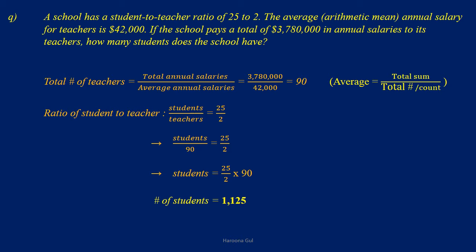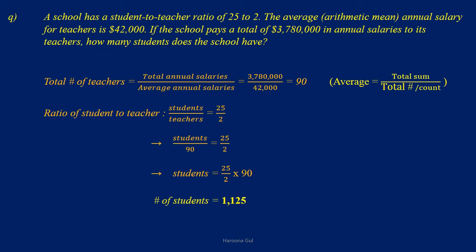And if we rearrange this formula to find out the total number of teachers, our formula would look something like total number of teachers is equal to the total sum divided by average, right? And which is equal to the total annual salaries divided by average annual salaries, and our total number of teachers would be 90. Now what next?